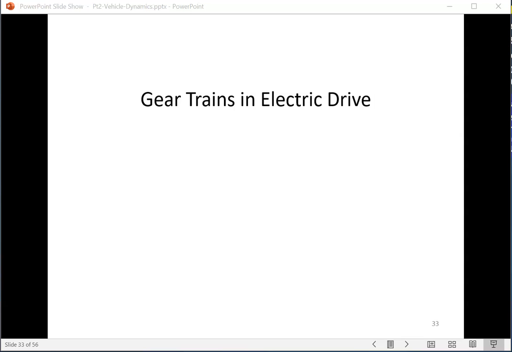Okay, so far in this second part, we covered two topics. One is the general equation of motion for any vehicle: the forward motion, the traction force, the acceleration, the rolling resistance, air drag, and the gradient. Those are aspects of vehicle dynamics.